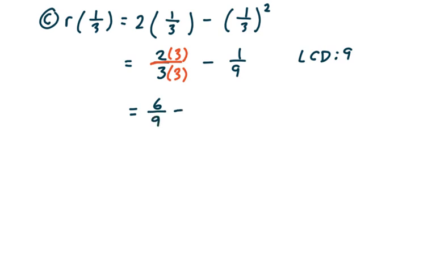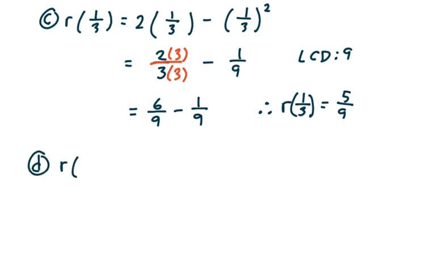So this is 6 over 9 minus 1/9. And so therefore, r of a third is going to equal 5/9. And that's how we do C. Let's take a look at D.